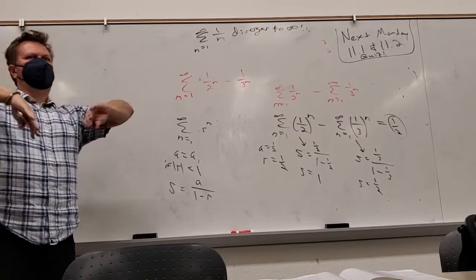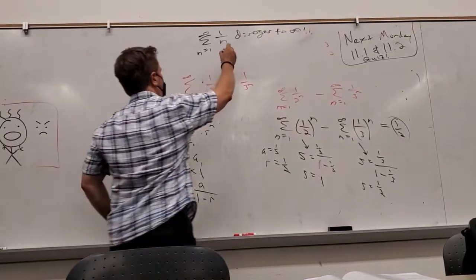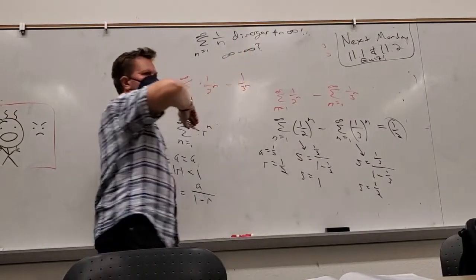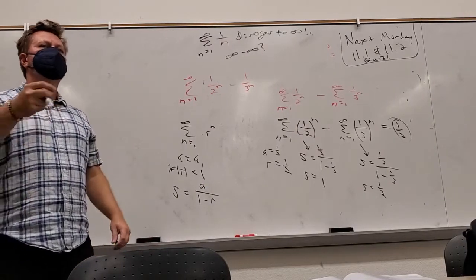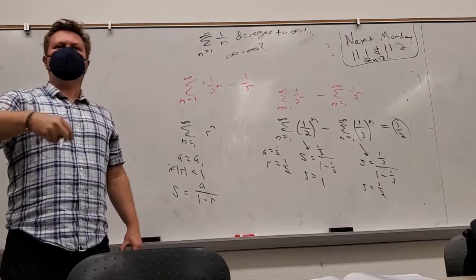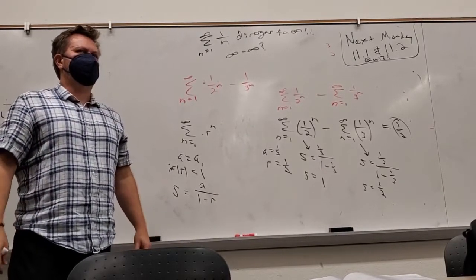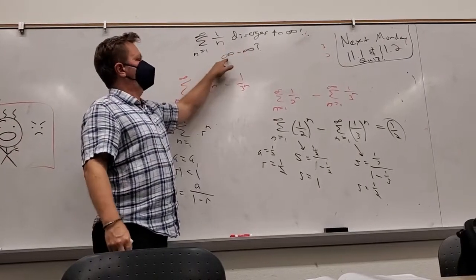So if I broke them up, it would have been infinity minus infinity, which, do you guys remember what's true about infinity minus infinity? It's not a real number. What form is it in? Indeterminate. Because what matters is who's going to infinity faster, right? The only way this could be some finite number is if they're both going to infinity at the same rate.